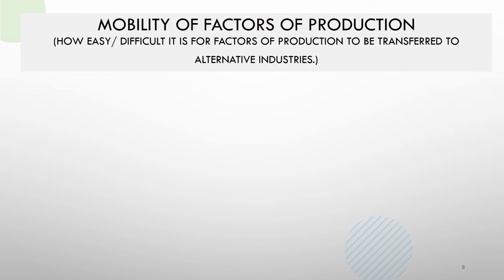The next part is the mobility of factors of production. Mobility of factors of production is how easy or difficult it is for factors of production to be transferred to alternative industries. We can divide the mobility of the factors of production into two categories: geographical mobility and occupational mobility.